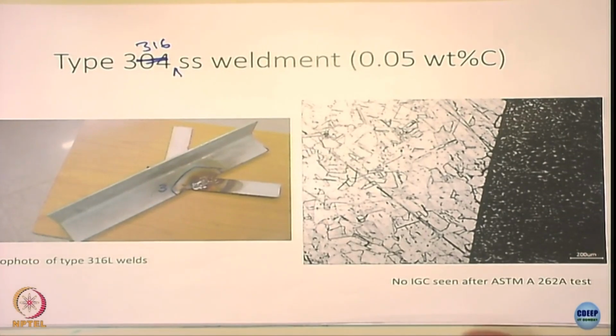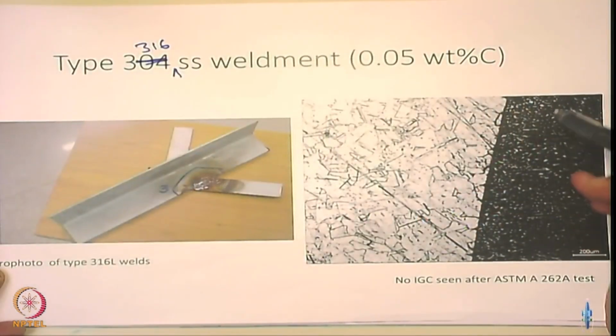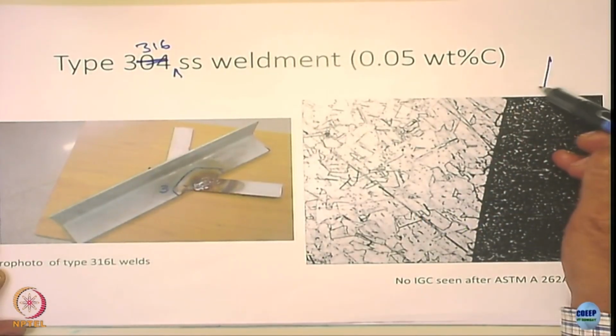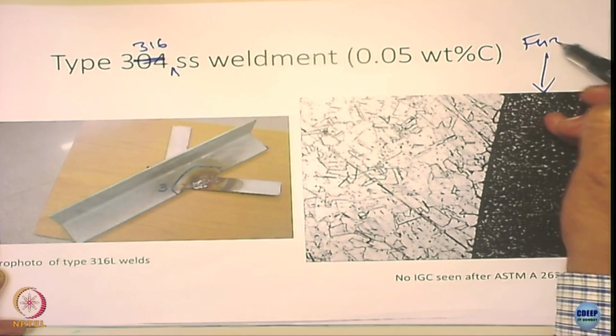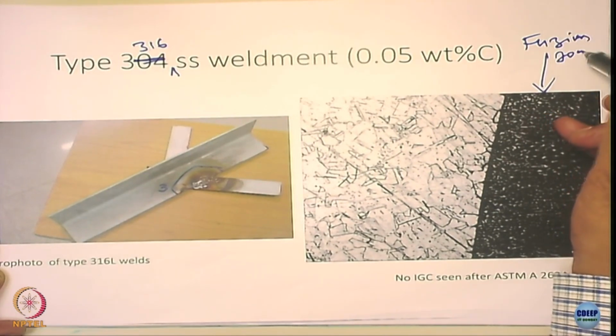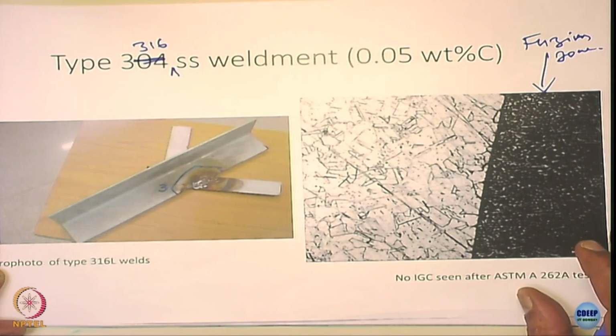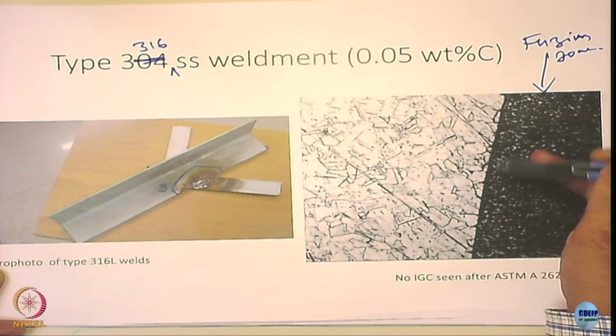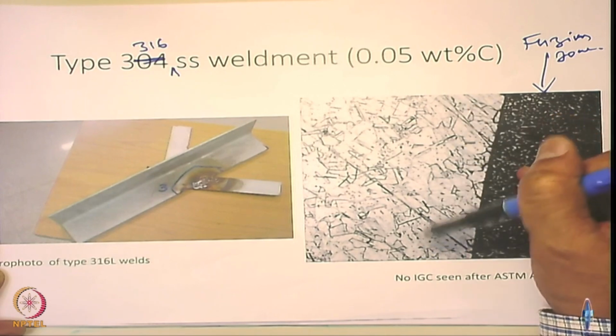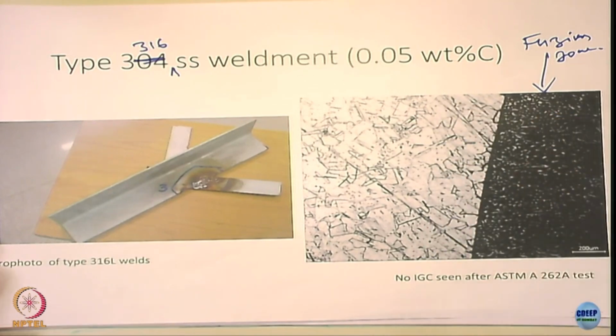This is the kind of welding that people do to make the structures, okay. And you can see that this is the fusion zone, and immediately next to the fusion zone you do not see any kind of weld decay, okay.